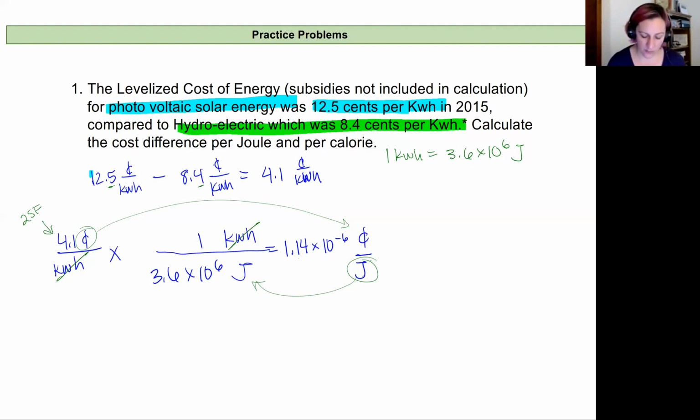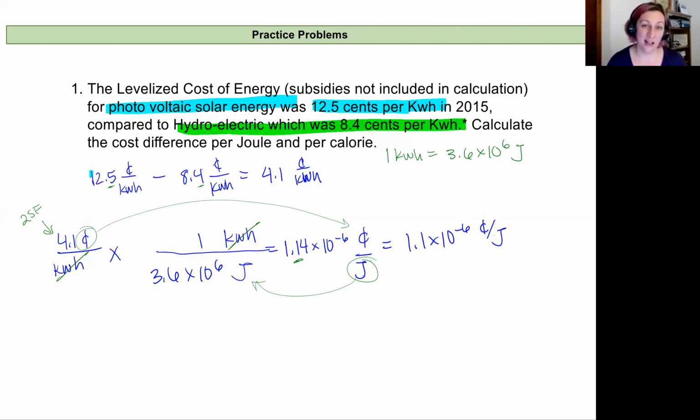So I'm going to report 2 significant figures at the end. Even if this 12.5 and 8.4 isn't a measured value, maybe it's something that's been measured so many times it's an exact number, I don't think so. So we'll treat it like an inexact number that was measured for a paper. So this will be 1.1 times 10 to the negative 6th cents per joule.